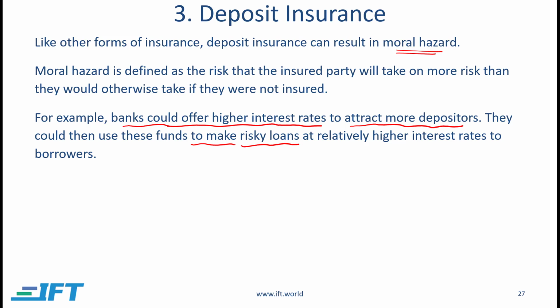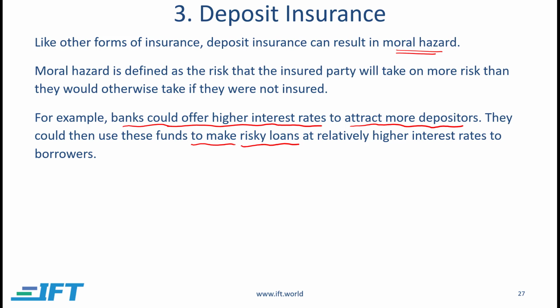Now, if that deposit insurance wasn't there, you as a depositor would be getting worried because you would see, oh my God, this bank is making such risky loans. What if they don't get the money back? Then they're not going to be able to pay me back, and I will lose my money. But since the deposit insurance is there, you're not worried about it.